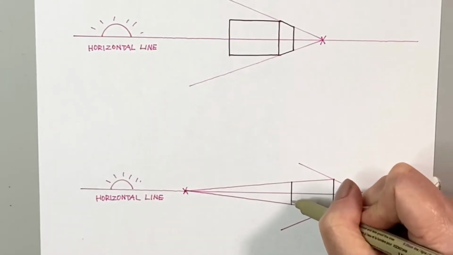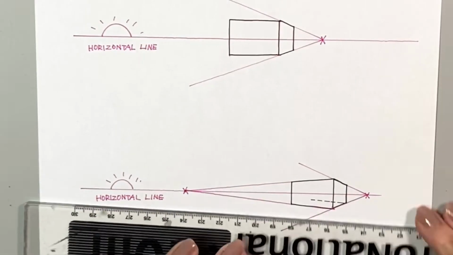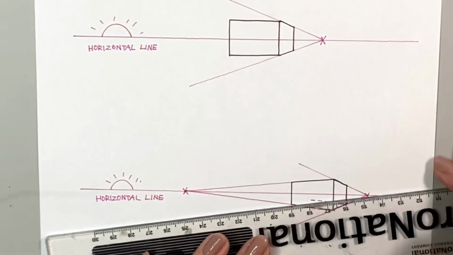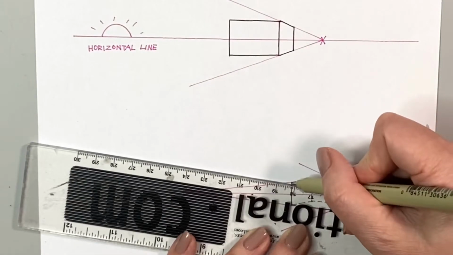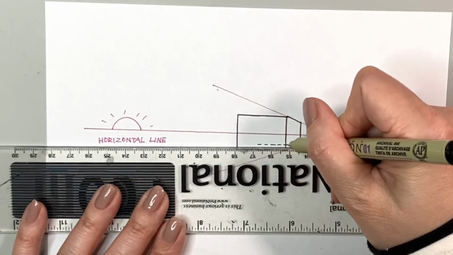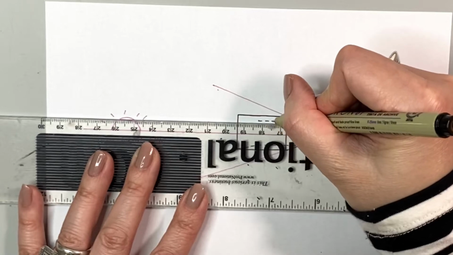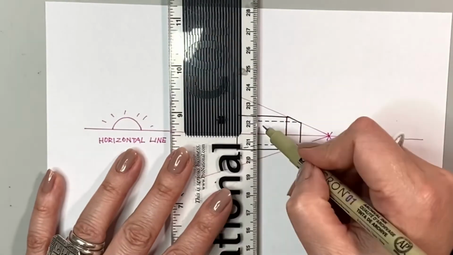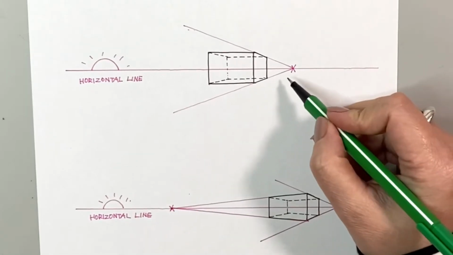You see the lines have to go to the second point on the left side. Even the lines inside the box have to lead to each side's point. But the first one, the 1 point perspective, the front is exactly rectangular. It's 90 degrees in each angle. So you will see the different result.